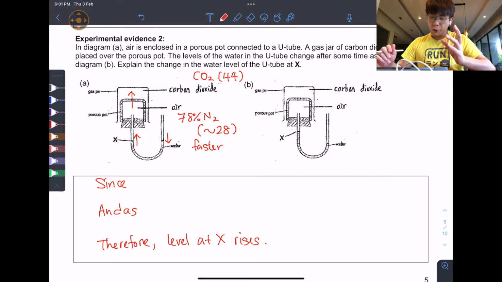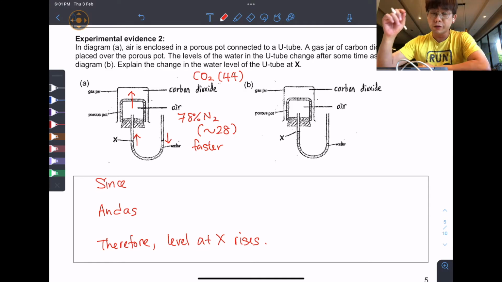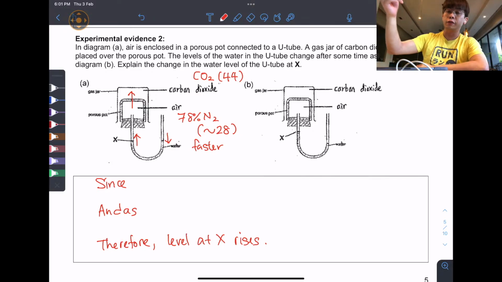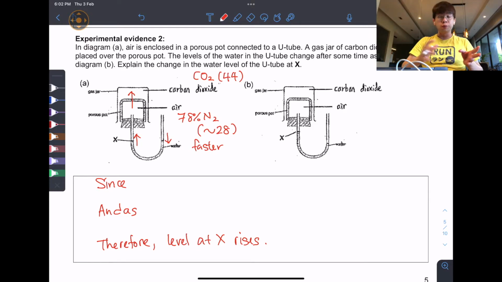The reason why the level at X rises is because the air diffuses out faster than the carbon dioxide diffusing in. So it's like in a classroom. In a classroom, when more students get out of the classroom faster than the students who come into the classroom, there will be a moment where there's fewer gas particles inside the porous pot, right? So how do we write this?